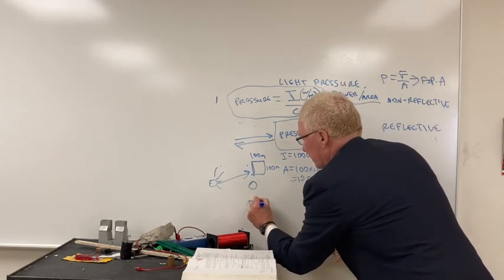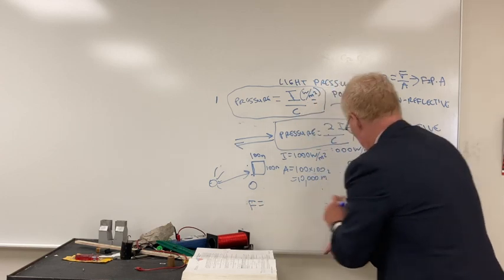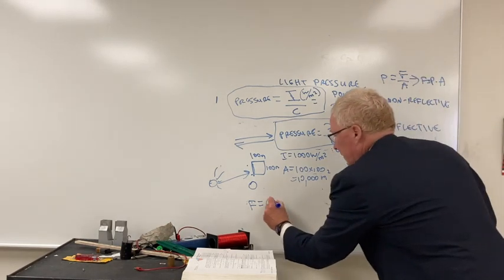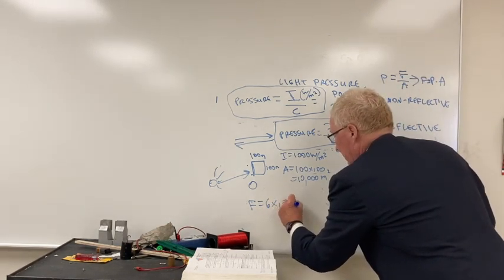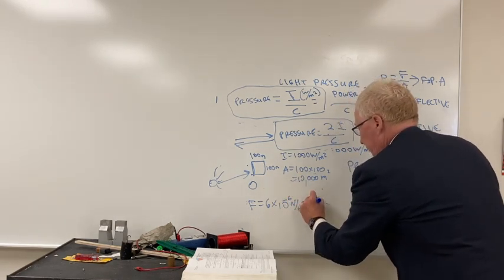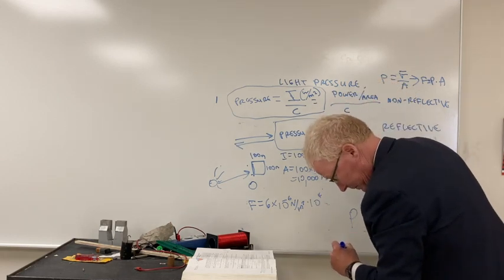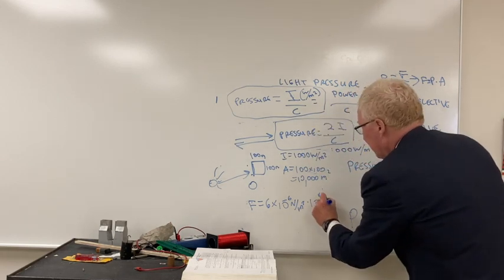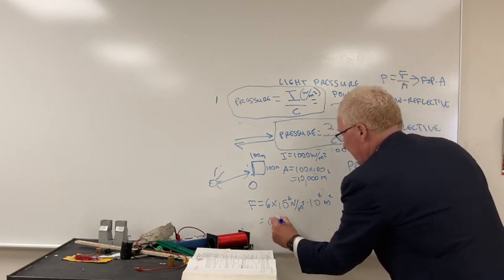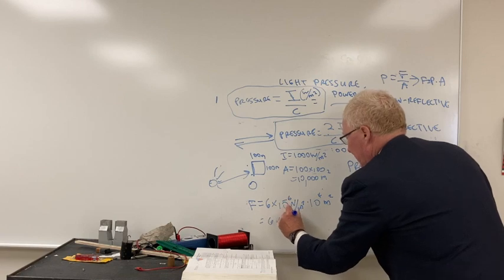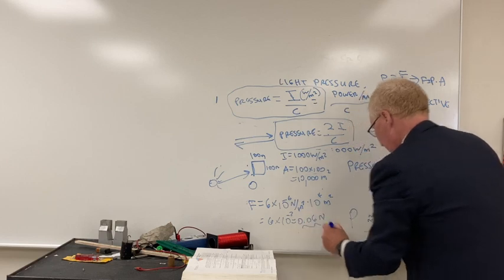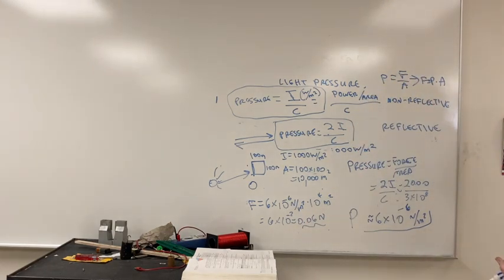The force will be 6 times 10 to the minus 6th newtons per meter squared times 10 to the 4th meters squared, which gets us 6 times 10 to the minus 2nd, or 0.06 newtons. So that's a pretty small force.